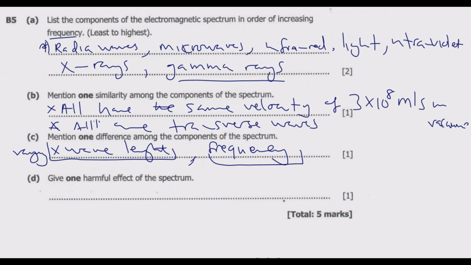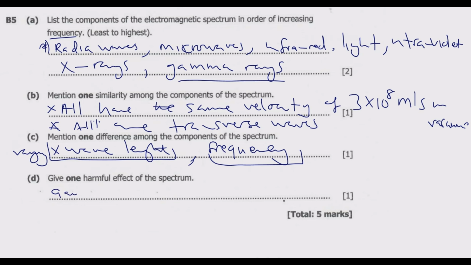Then we look at D, give one harmful effect of the spectrum. So the spectrum basically carries a number of waves. If you talk about gamma rays and X-rays, these can damage cells.